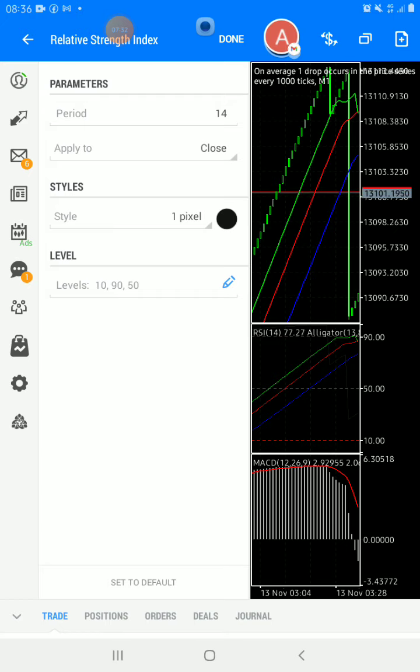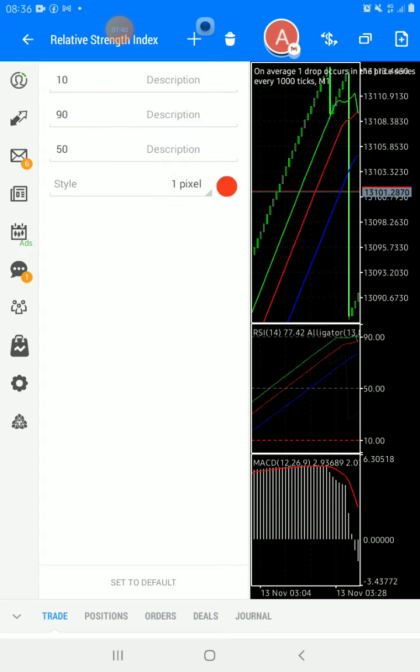In the file for RSI, it must be the background color. My background is black, I made it black. These are the levels: 10, 90 and 50. So 10 is a buy level, 90 is a sell level, and then at 50 you decide to buy or sell depending on what you see in the market here. So decide any color, any visible color that you want.